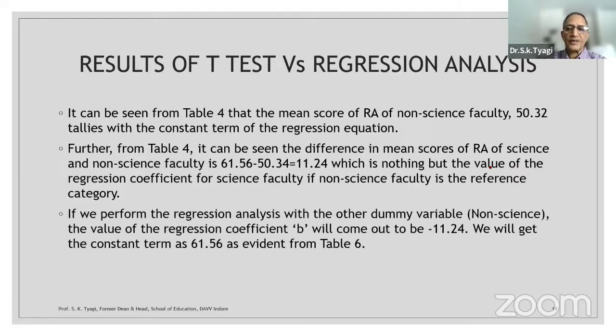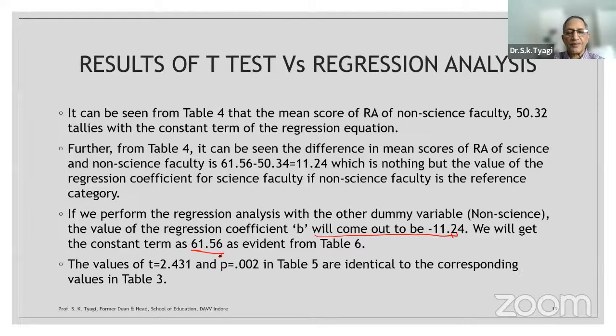And if we perform the regression analysis with the other dummy variable, non-science, the value of the regression coefficient will come out to be minus 11.24, and we will get the constant term as this, which is evident from table 6. The t values are the same. They are identical with the corresponding values in table 3. So this is all with the case of a binary variable.